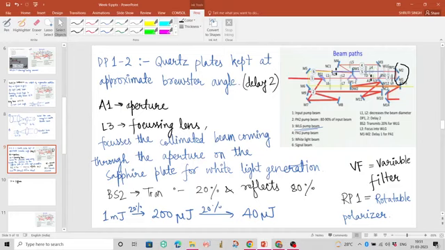The red one is the pump. So M3 and M4 make the pump light collinear with the white light, and then they hit the crystal NC1, which generates the signal. After coming out of the nonlinear crystal, the pump light is blocked, and we move along with the signal.